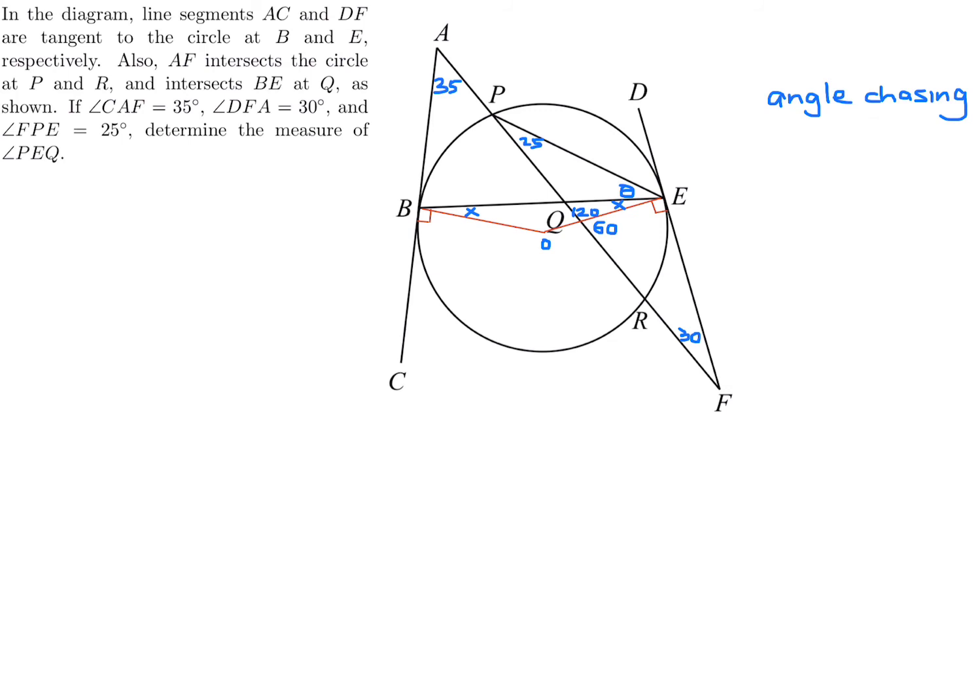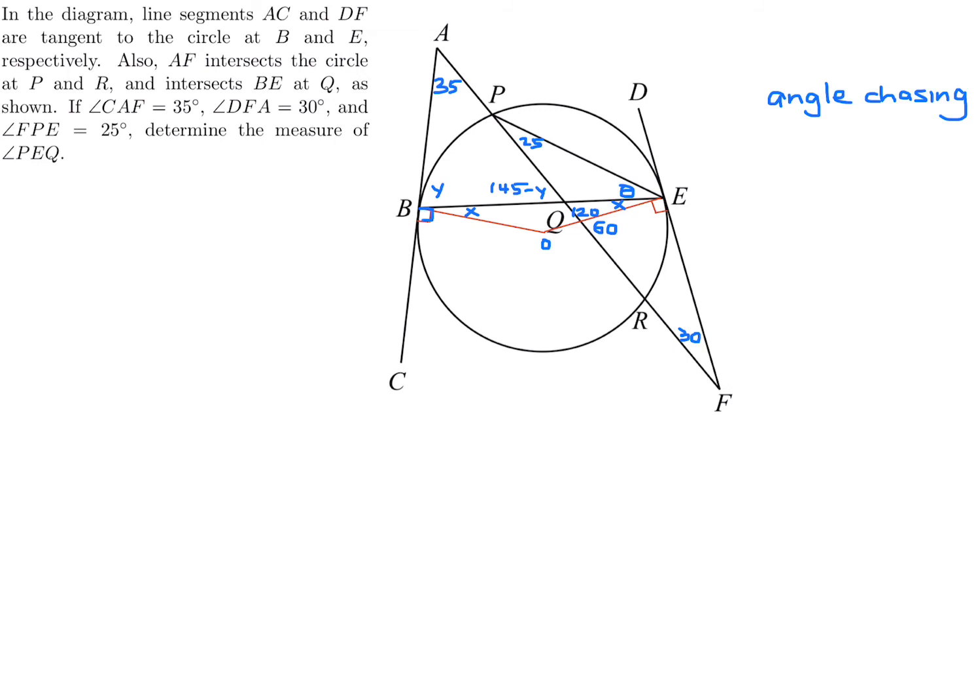All right. And then this angle, just from there to there, I will call Y. And therefore, this angle in here, since all the angles of a triangle add up to 180, would be 145 minus Y. Okay, so before we proceed, let's talk about this.